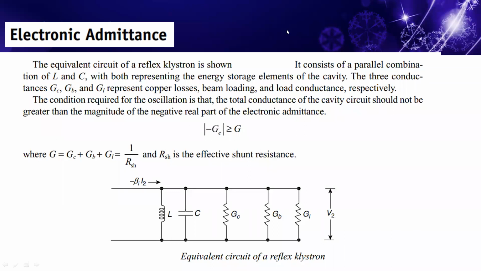To understand electronic admittance, here I am representing the equivalent circuit for the reflex klystron. The equivalent circuit of the reflex klystron consists of load conductance, that equals three conductances in parallel combination.